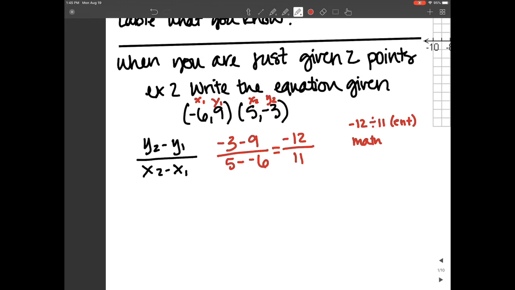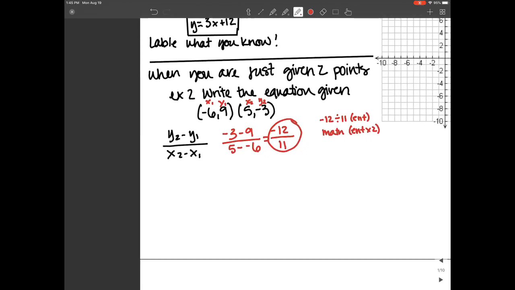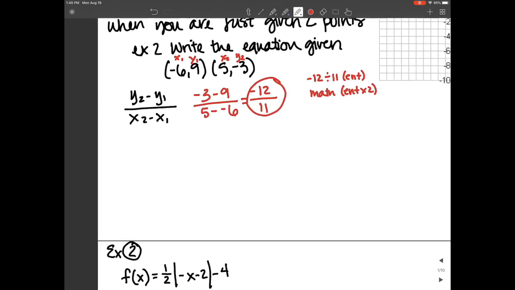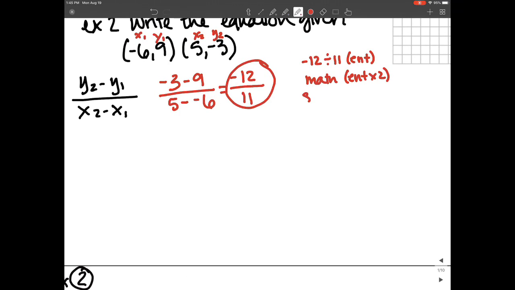And it'll give you a reduced fraction if it reduces. In this case, did it? No. In this case, this is my slope, so this is my m that I'm going to plug in. Your slopes are not always going to be super nice and friendly like the last example. Most of the time, they're going to be something gnarly. But your graphing calculators will help you navigate the gnarly numbers.